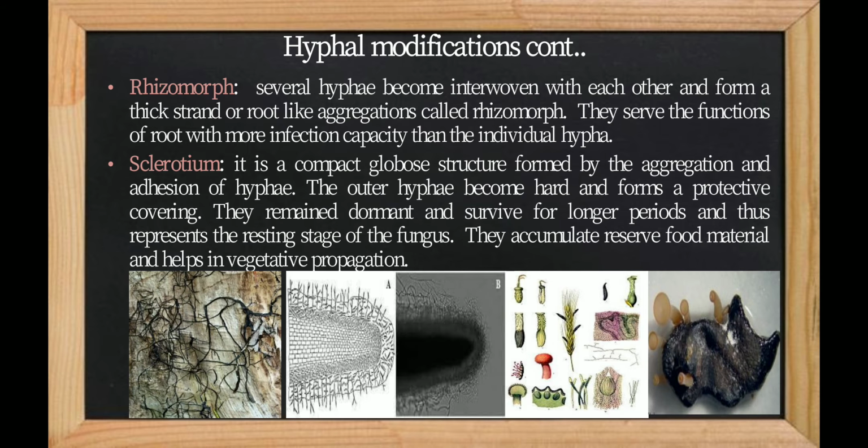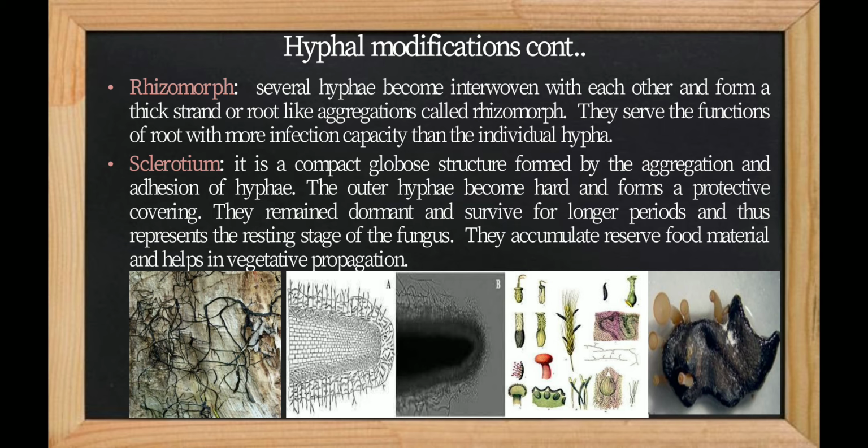Next, the third one is the rhizomorph. Rhizomorph, in many of the higher fungi, especially the basidiomycetes fungi, some parallel unbranched hyphae become closely fused together and grow as a single root-like strand. Rhizo means root.